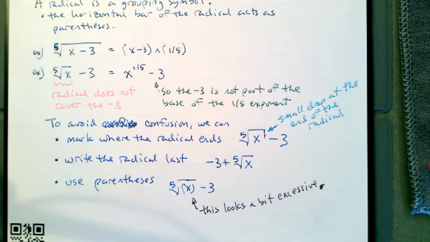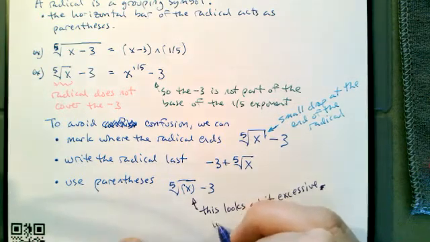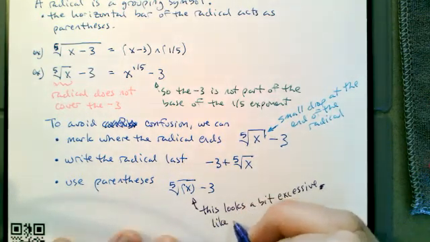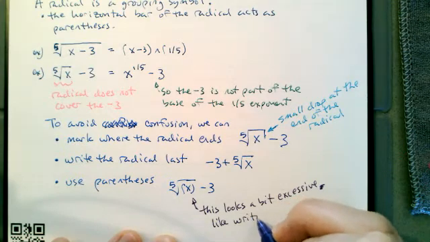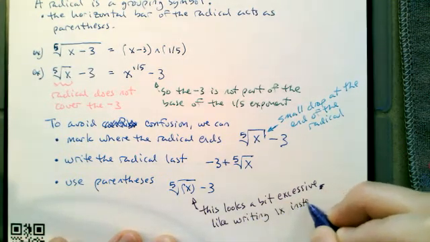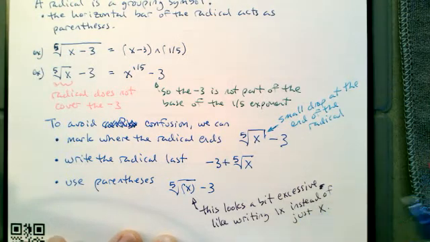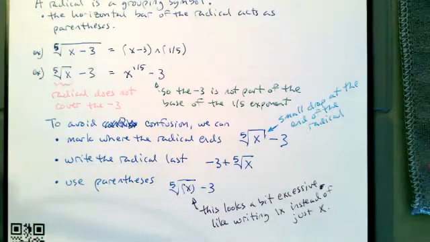But if we happen to be writing things, the way that this looks a little bit excessive is like writing 1x instead of x. We know that when we just write x, we mean 1x.